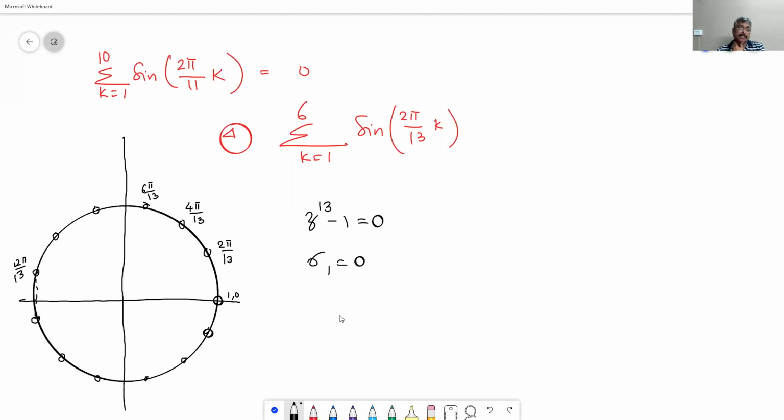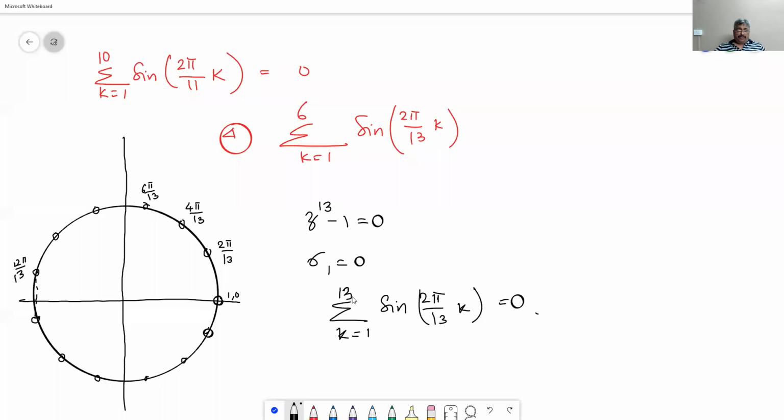So we already know that sigma k goes from 1 to 13 sine 2 pi by 13 times k is equal to 0. This is what we know.